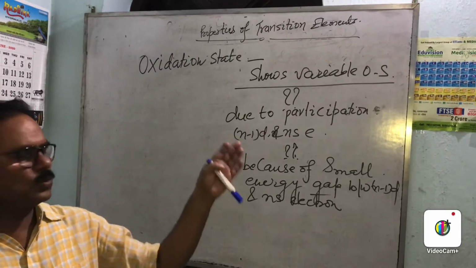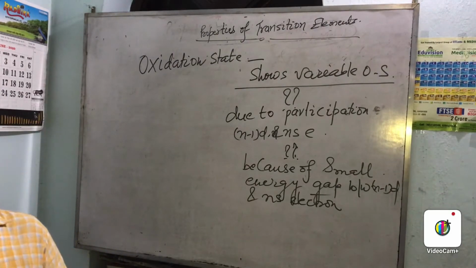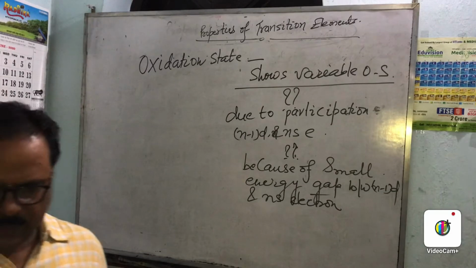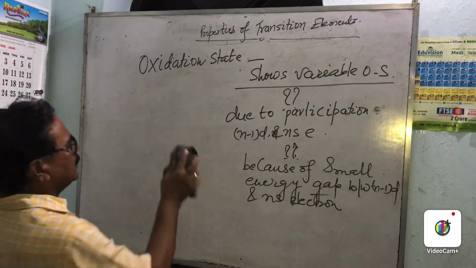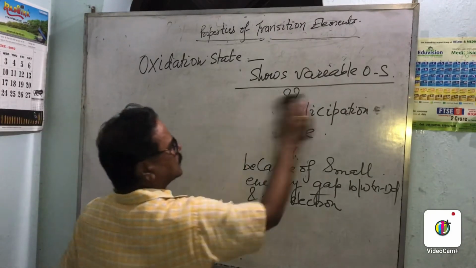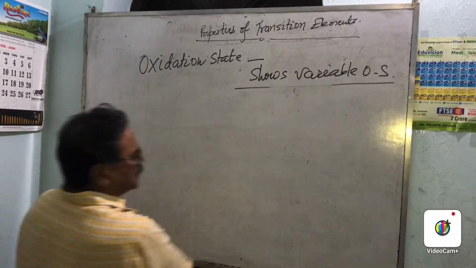That's why electrons of these two orbitals take part in bonding, and it shows variable oxidation states. Now this is another thing. Suppose we take scandium.